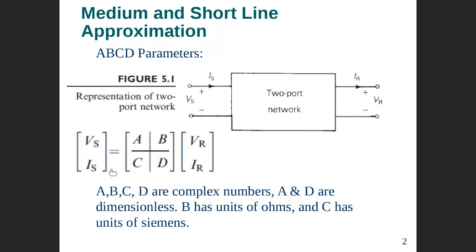What about IS? C VR plus D IR. So we want to find these ABCD parameters. These A, B, C, and D are parameters that relate the sending end with the receiving end voltage and currents.